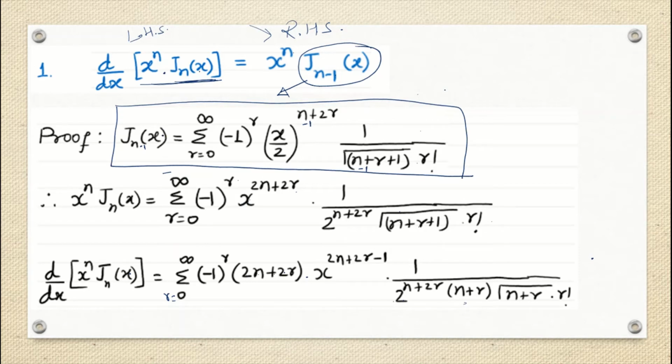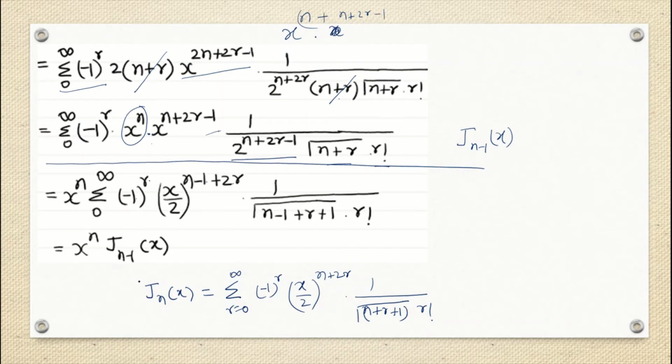Similarly, suppose you need to know J n plus 1. How will you come to know it? If you know J n, you just write n plus 1 instead of n, and then it will be J n plus 1. So this is what we will be doing here: I need to know J n minus 1.